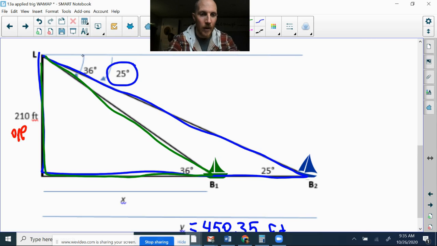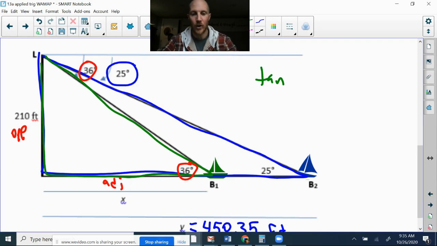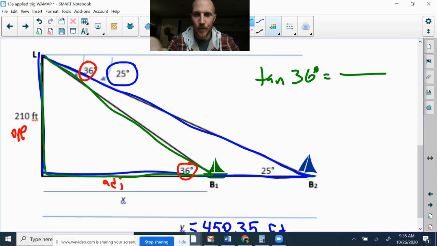I wrote it in two places, right, because those are going to be congruent. So I want to set up, oh, one missing piece here. The side we're looking for, x, is the bottom side of my triangle. That is the adjacent side. So opposite and adjacent, remember, that should be tangent. So if I set this up, tangent of 36 degrees, opposite on top, it's going to be 210.